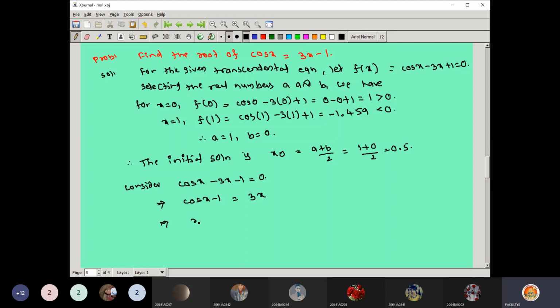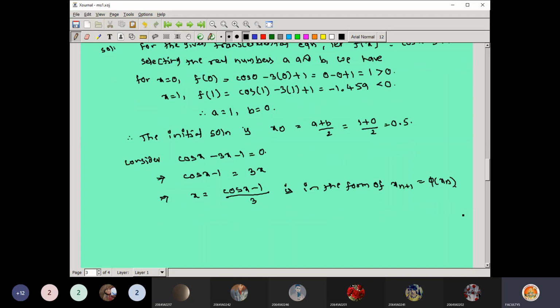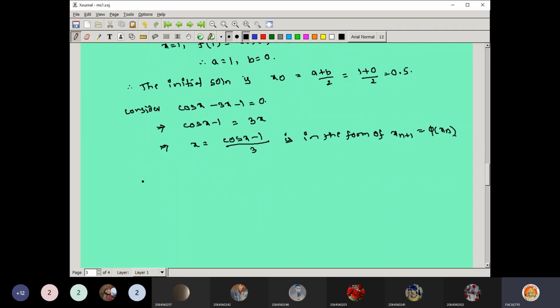So from that you select x is equal to (cos x minus 1) overall divided by 3. So other than the special functions, it is in the form x n plus 1 equal to phi of x n. So you write down the left side as x n plus 1, and on the right side x is replaced by x n.